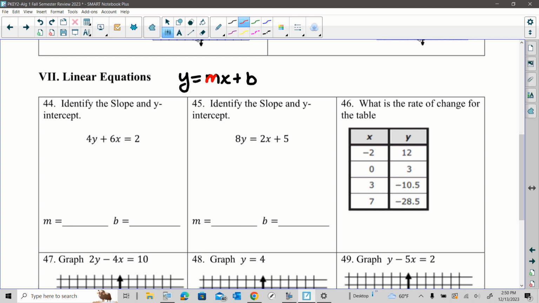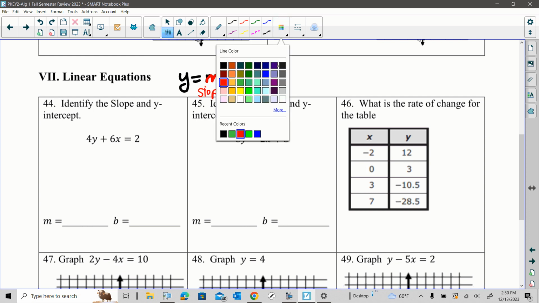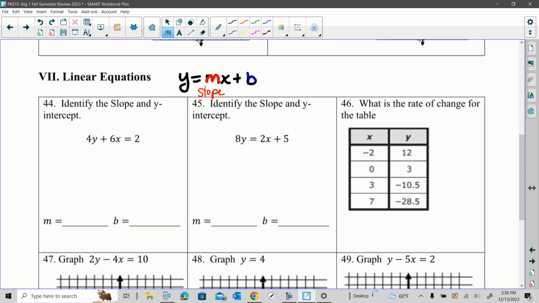We need to know our m represents the slope, and our b is our y-intercept. So in order to see these two parts, which is what they're asking us to fill in, we have to have the equation solved for y. The y has to be by itself.